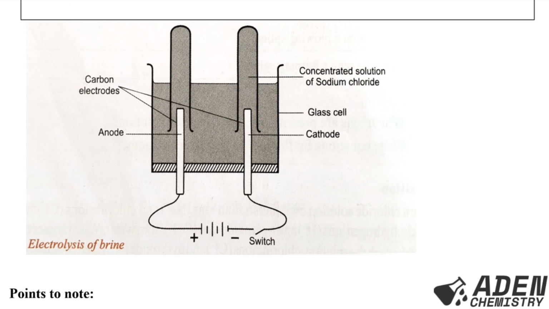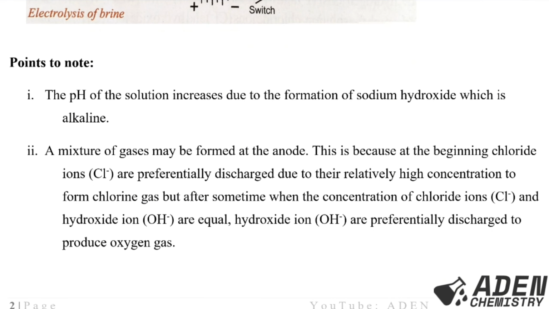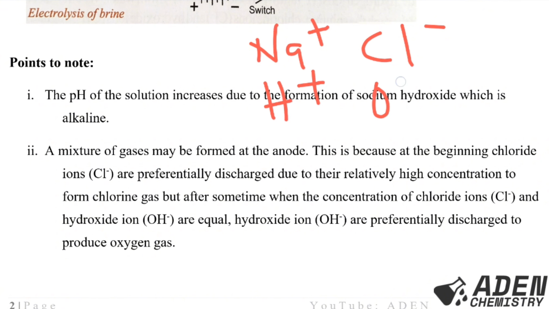So let's go to the last part, that is points to note. We're saying the pH of the solution increases, and this is due to the formation of sodium hydroxide, which is alkaline. Remember, we had 4 ions in concentrated sodium chloride. One was the sodium ion, and the other was chloride ions from sodium chloride. The other ones were hydrogen ions and hydroxyl ions from the water.